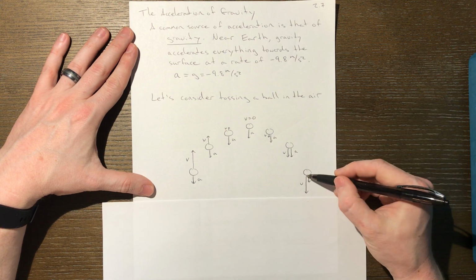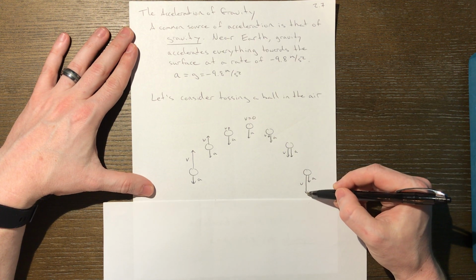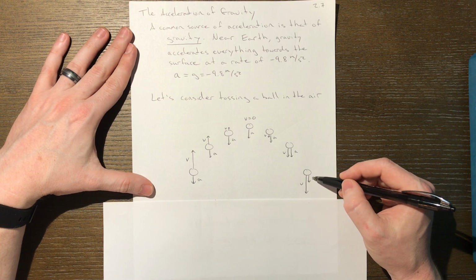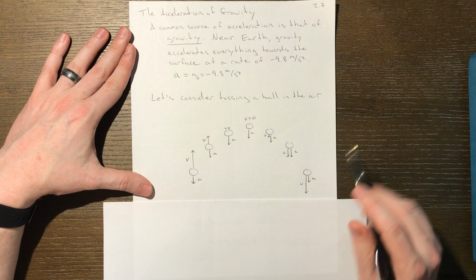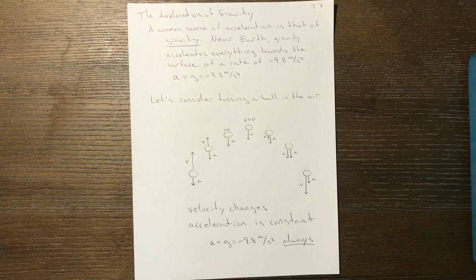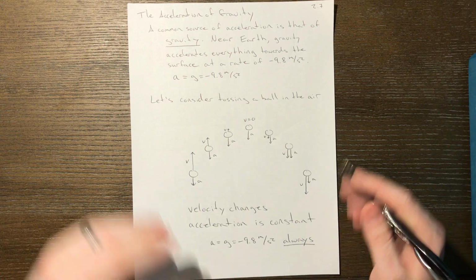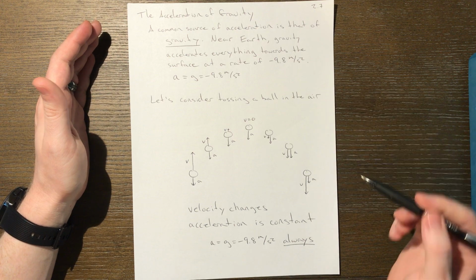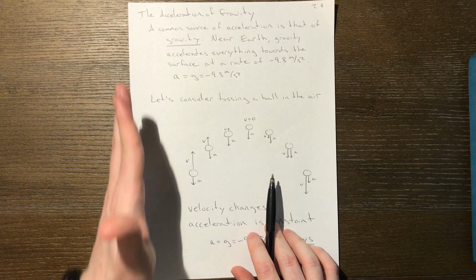So as time goes on, that velocity gets even bigger. And acceleration is still pointing downwards. Throughout this entire process, our velocity changes, but the acceleration is constant. The acceleration is g, which is negative 9.8 meters per second squared, always. The acceleration is always downward. The velocity changes. Velocity starts by being thrown upwards.